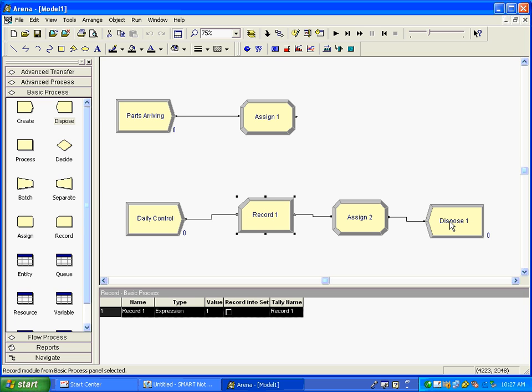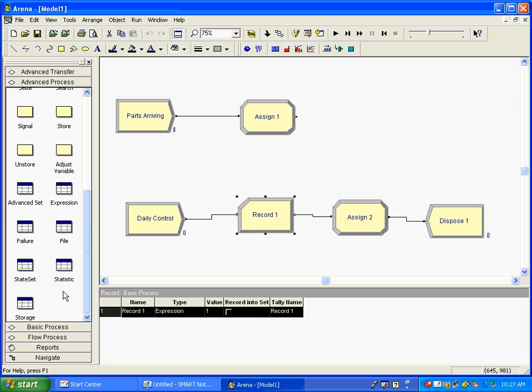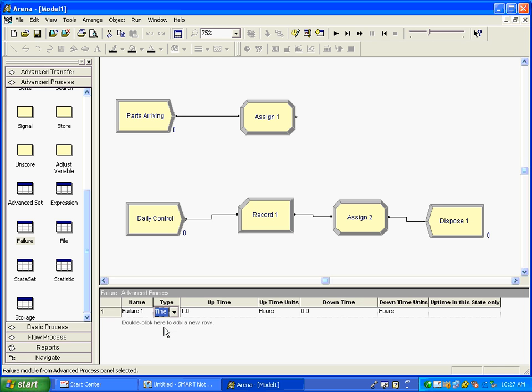If you look at the failures, when it's based on time, that last parameter says uptime in this state only. I talked about that a little bit in class. Remember, it depends upon how data is collected.